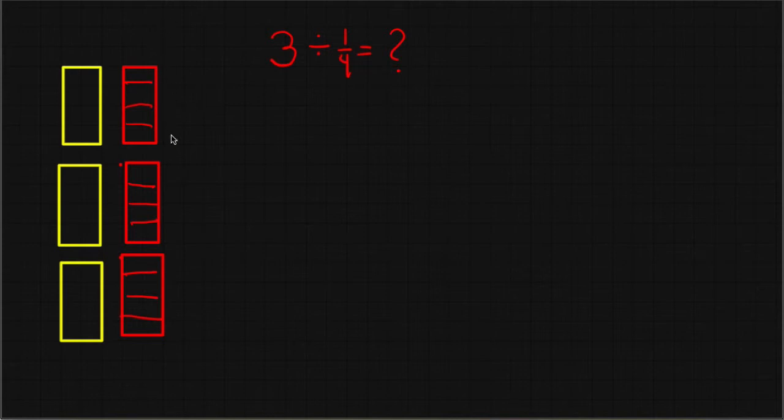So I think you'll agree, if you look at the red, that this was 3 candy bars, but they've been cut up into fourths. So here I can see 1/4, 2/4, 3/4, 4/4, and I can just keep counting. 5/4, 6, 7, 8, 9, 10, 11, 12 fourths, right?